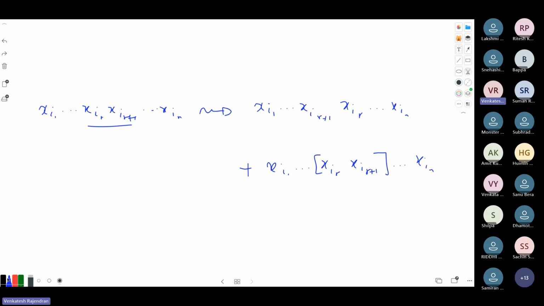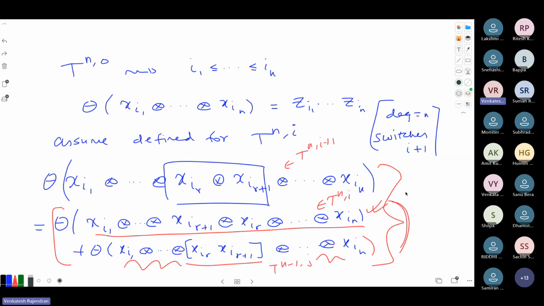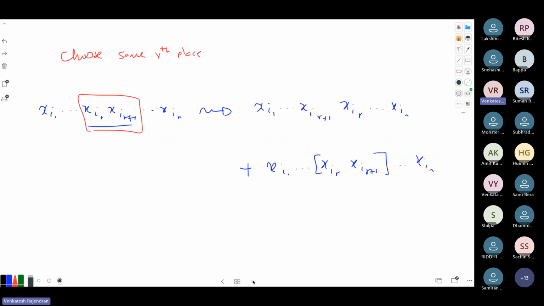You choose some r-th place where it is not in the correct order. Then by demanding, theta is defined that way. But then it leads to this well-defined question because this r is not necessarily unique. You may have some other position for which the switch can happen, where it may not be in the correct order.